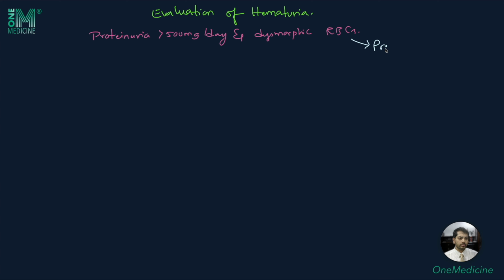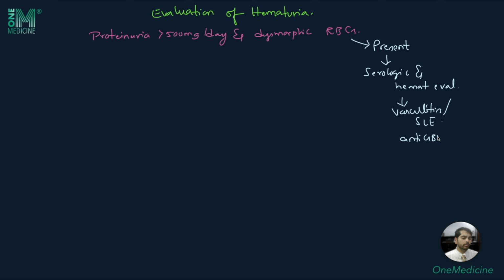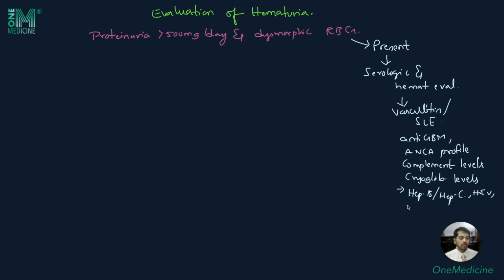If these are present, then the patient must further be subjected to serologic and hematologic evaluation, and vasculitis and SLE workup needs to be done, including anti-GBM antibodies, ANCA profiles, complement levels, cryoglobulin levels, tests to detect hepatitis B or hepatitis C, HIV, VDRL, and even anti-streptolysin O titers.